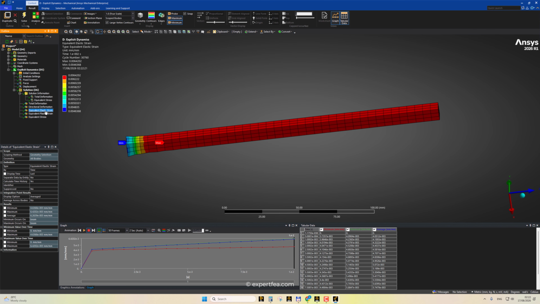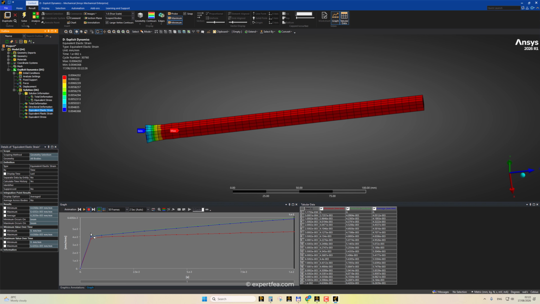We do have some elastic strain. By the way, do you see that this curve looks like the bilinear curve from the material that we defined? Yeah, here we have the elastic domain and here we have the plastic domain. It looks similar to the bilinear isotropic hardening curve.